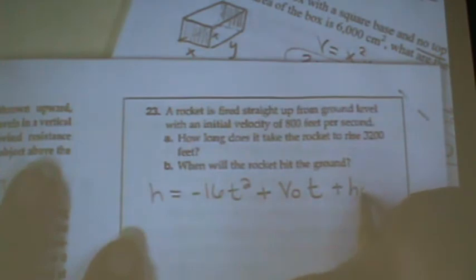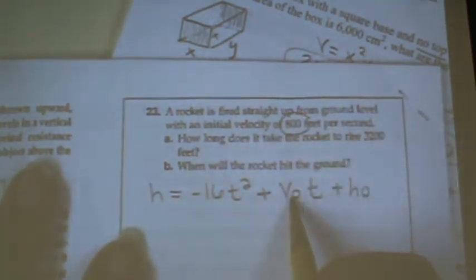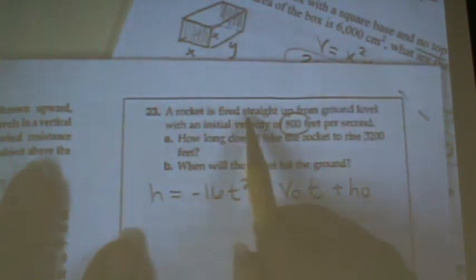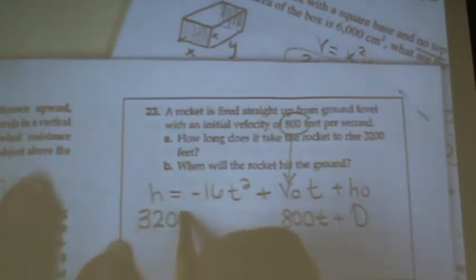So I want to use the formula H equals negative 16t squared plus V sub O t plus H sub O. Your initial velocity is 800, so that goes right here, and it's positive because you're firing it straight up. You're on the ground, so H sub O is 0. How long will it take to reach 3,200 feet? This is when we're finding the time when it reaches this height.